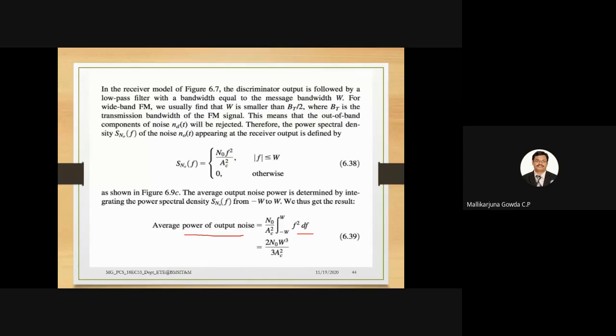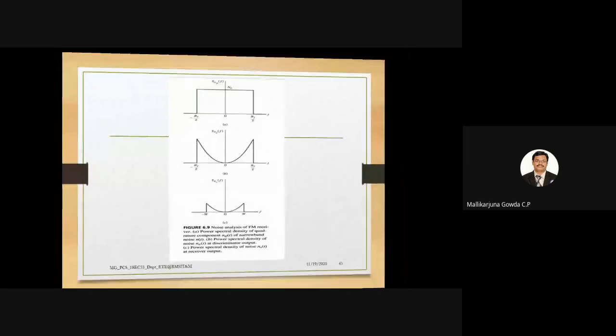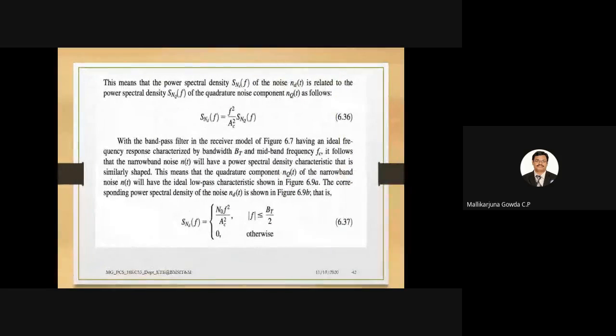If I do the integration and substitute the limits, I will get the average power of the output noise. And already I said the average power of the demodulated message signal, because the demodulated message signal will be Kf into m of t.